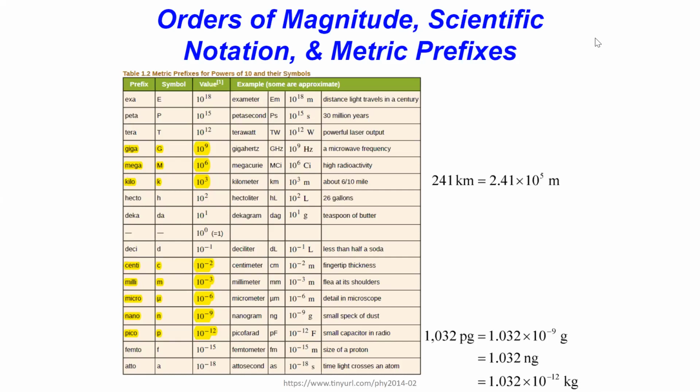Oh, actually, no, I'm sorry, pico is 10 to the negative 12, so this is right. Then you move 3 decimals to the left, so 10 to the negative 12 times 1000 gives you 10 to the minus 9. Yeah, this is right, sorry. So this is 1.032 nanograms, or 1.032 times 10 to the negative 12 kilograms.